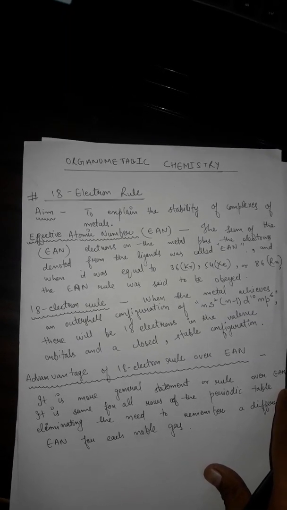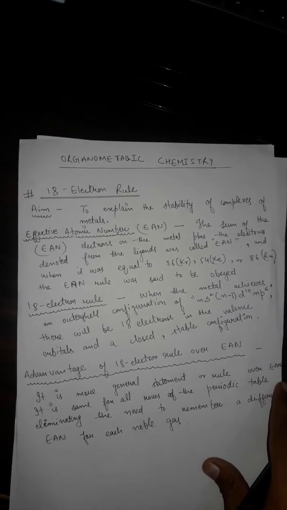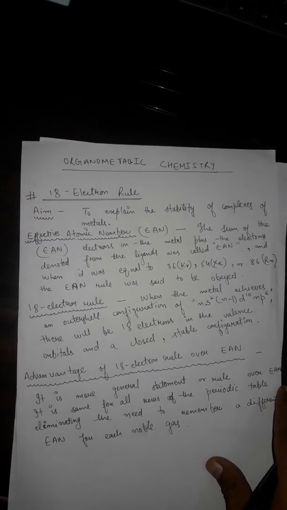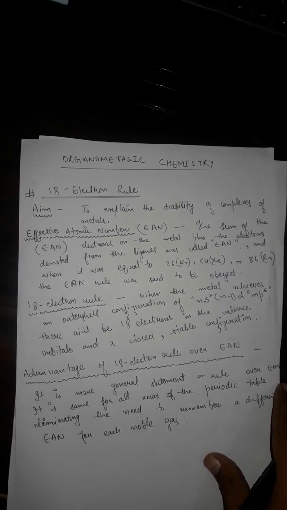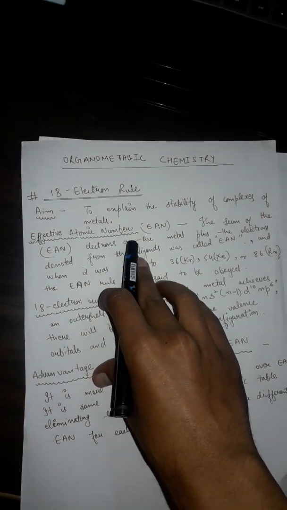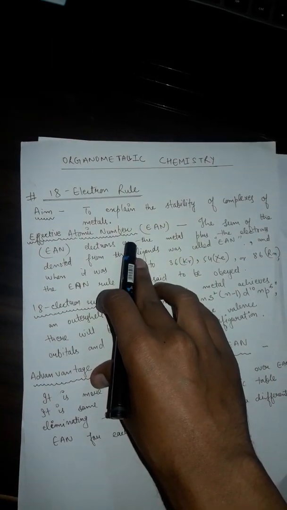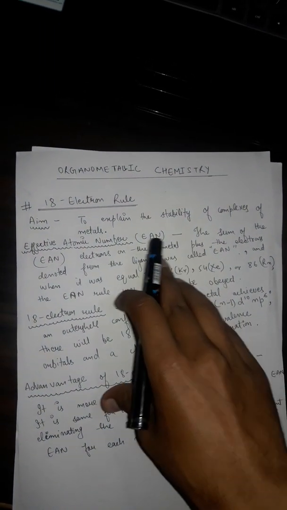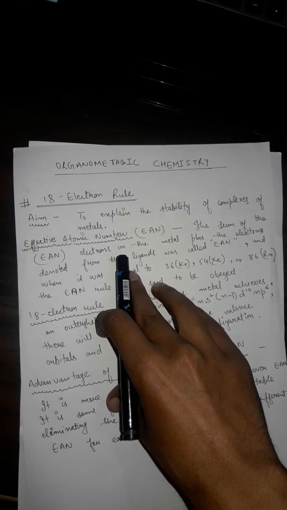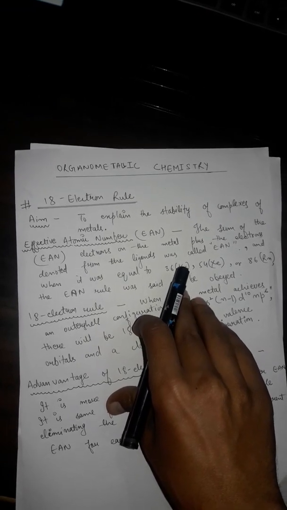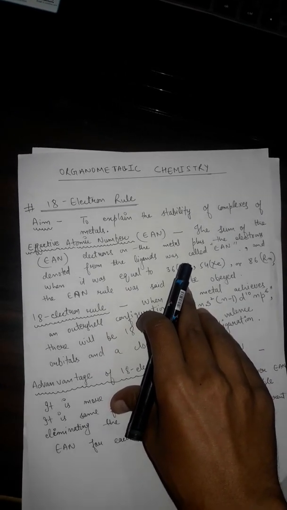Before this 18 electron rule, there was a rule called the effective atomic number rule. What this rule says is that the sum of electrons on the metal plus electrons donated from the ligands is called the effective atomic number.